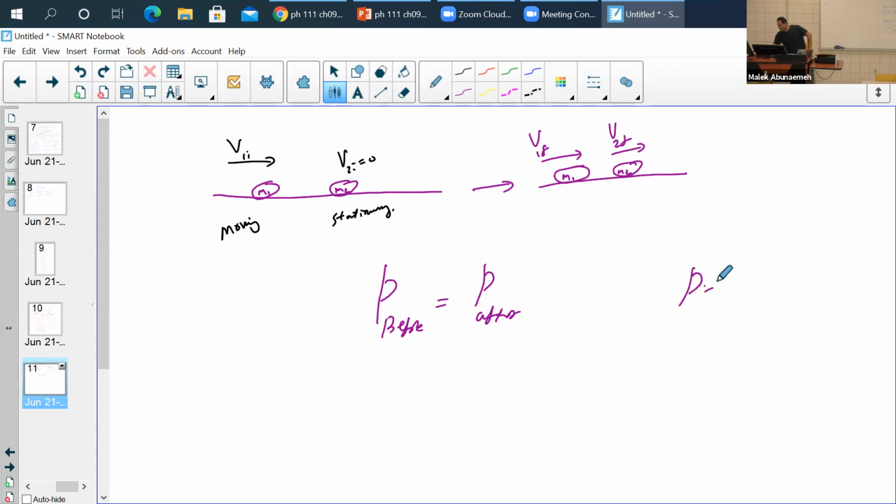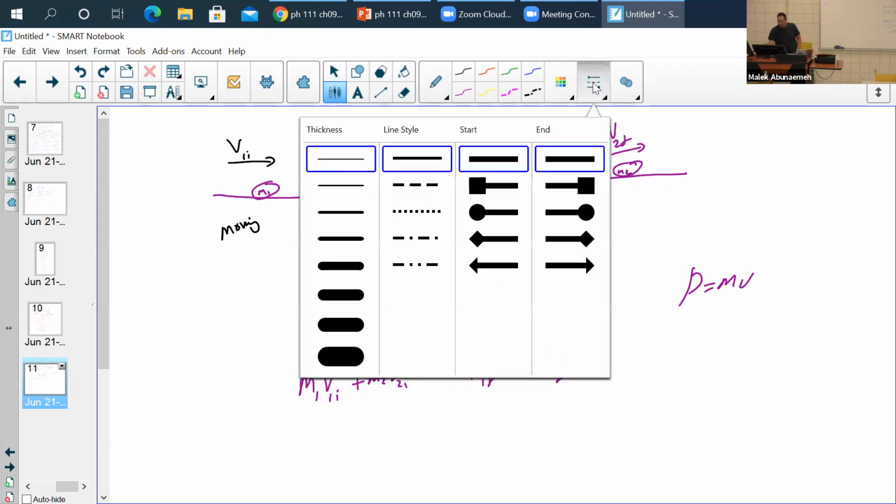And again, your momentum is your mass times your velocity. That means M1 V1i plus M2 V2i is going to equal M1 V1 final plus M2 V2 final.